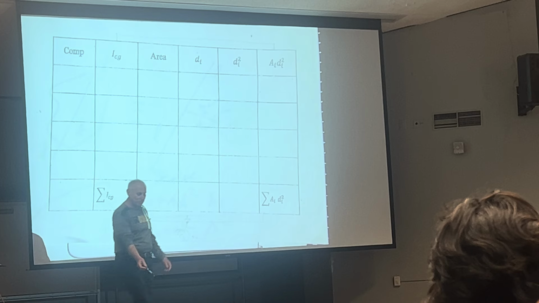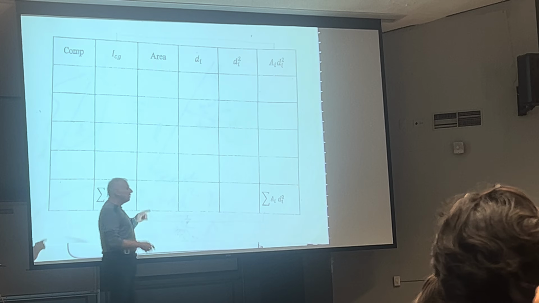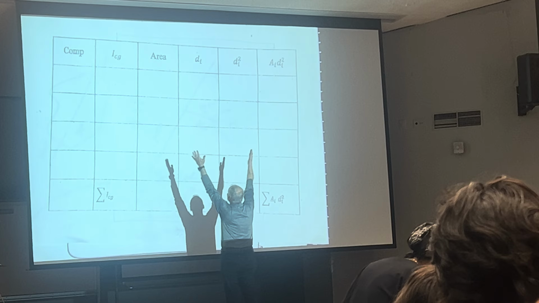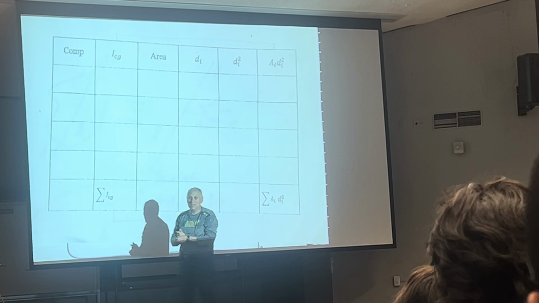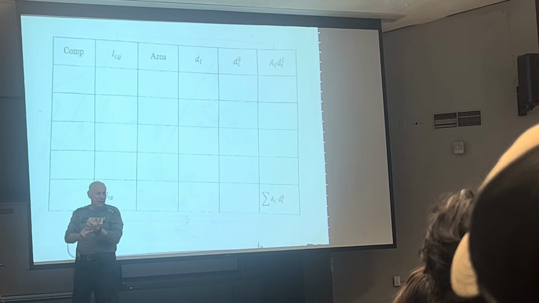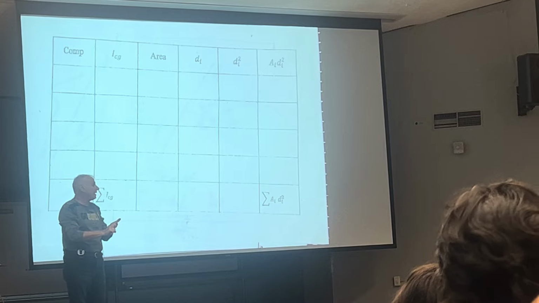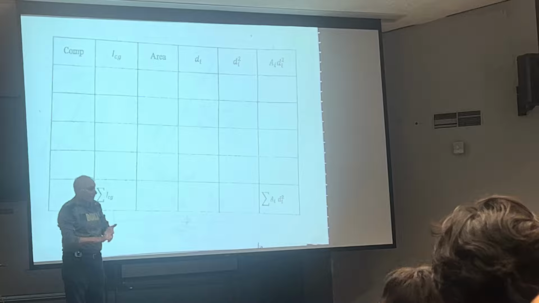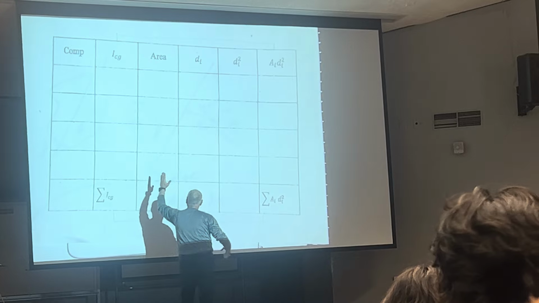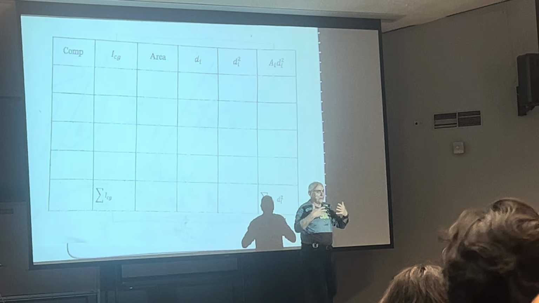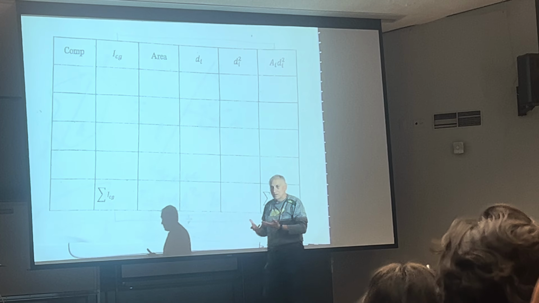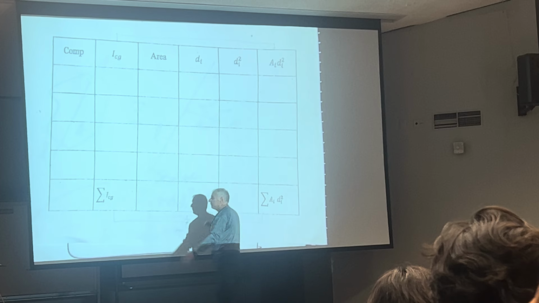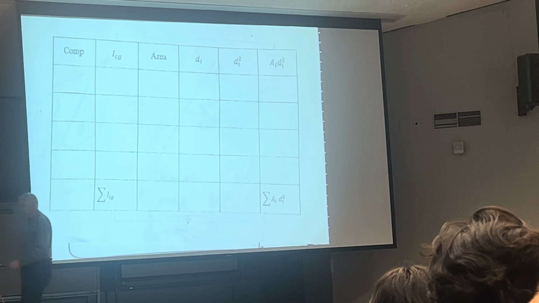You with me? Now the columns in between are just for convenience to get to the last column. I need an area, I need a d, the distance between axes, and I need to square it. So these three columns are just for convenience more than anything else. The columns that I really need are this one and this one. Okay? You with me?